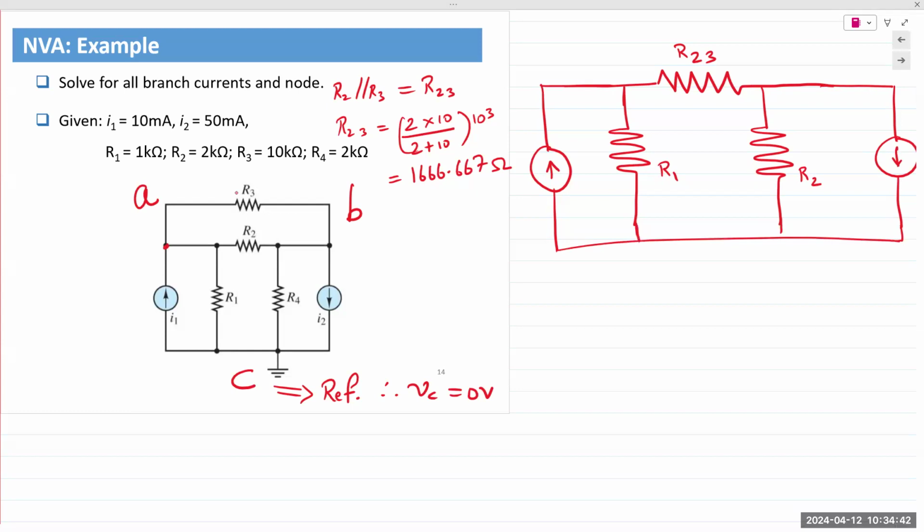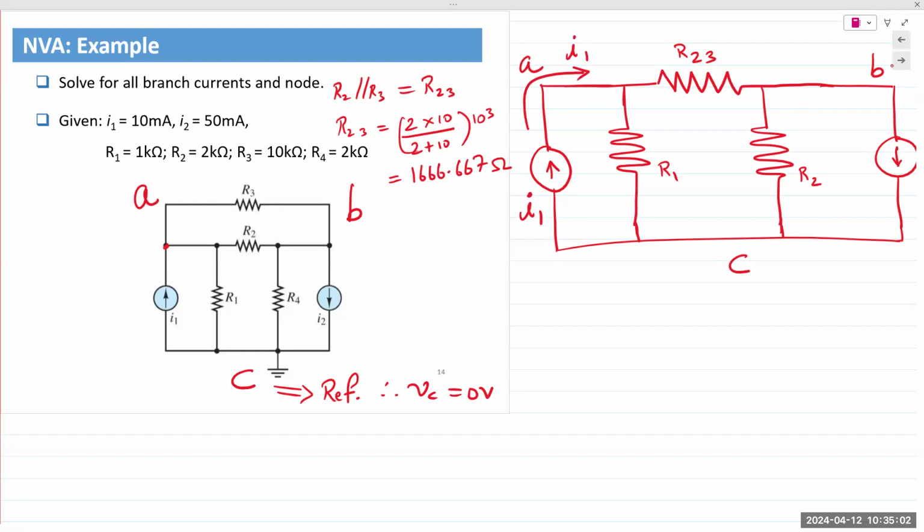I'm going to ignore that ground. I don't really need that ground. Okay. This is A, this is B, and this is C at the bottom. I1 goes up. I1 is going up, going towards the right.